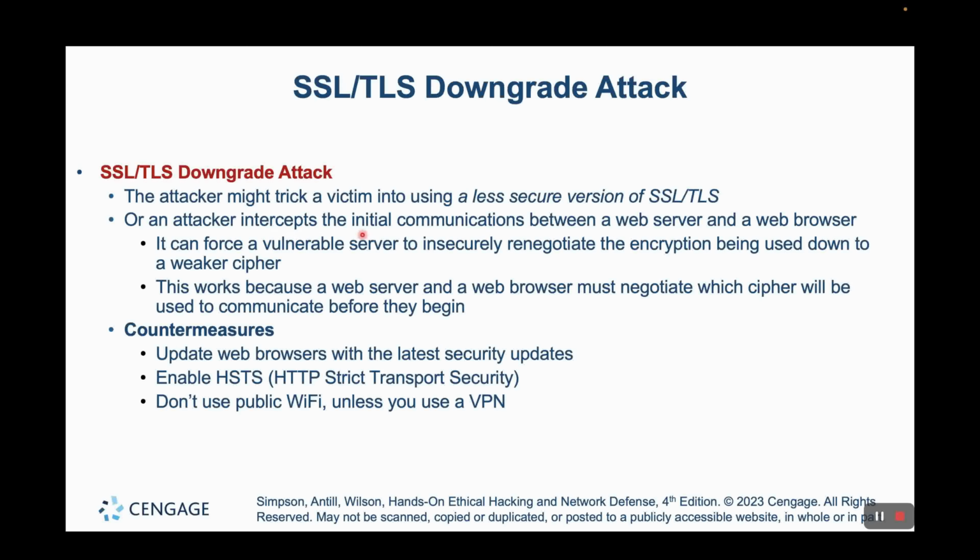To force the vulnerable server to insecurely renegotiate the encryption being used down to a weaker one. Now, this works because the web server and the web browser must negotiate and decide which cipher will be used to communicate before they begin sending out data.